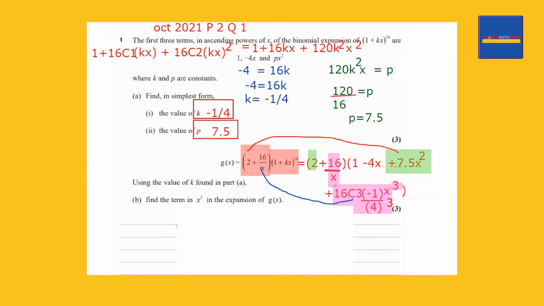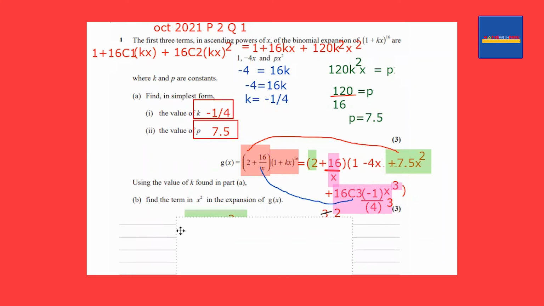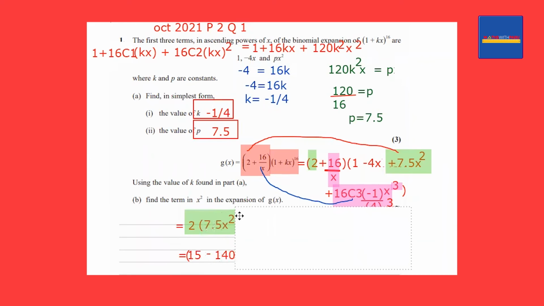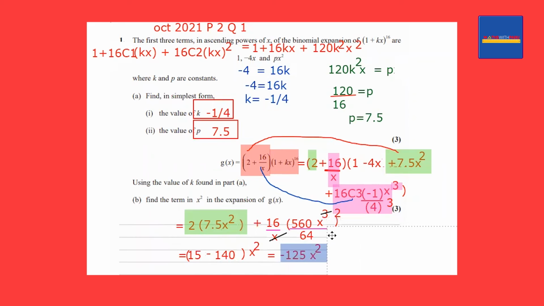Now I'm going to collect the terms with x squared. That is 2 into 7.5x squared. Then the next term would be 16 over x into the x cubed term, which, when I simplify 16C3 into minus 1 over 4 cubed into x cubed, I end up with 16 over x into minus 560x cubed over 64. The next step is to add all the x squared terms.